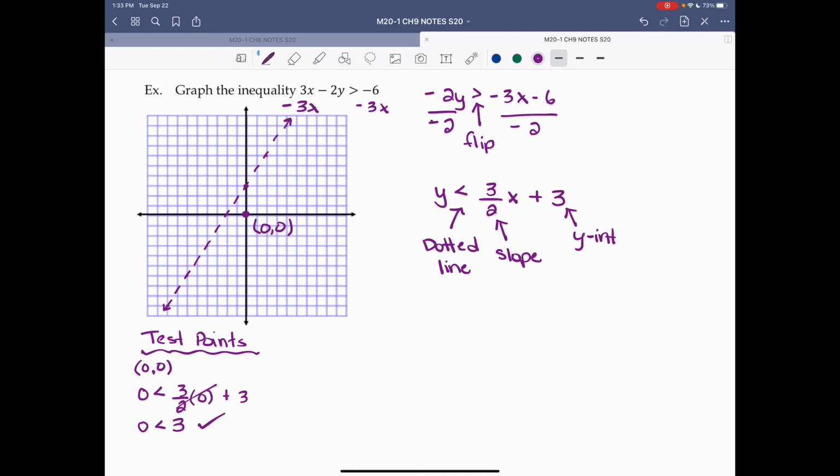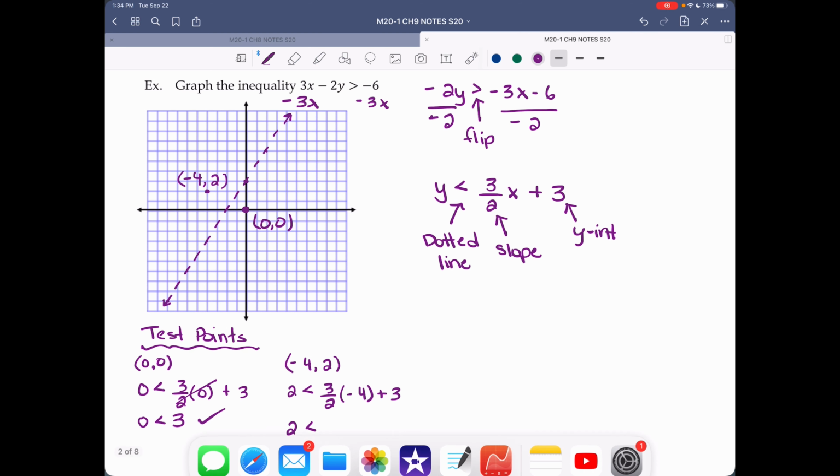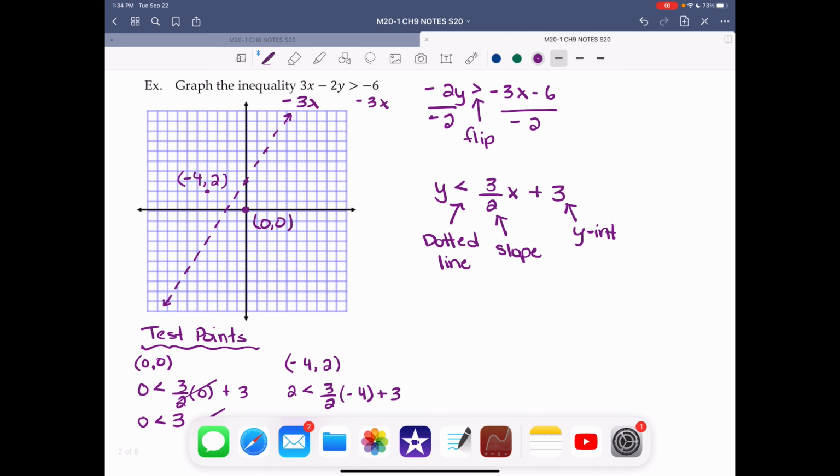But let's test the point that's on the other side just to make sure. So I'm going to test -4, 2. Sub it in, y, which is 2, is less than 3 over 2 times x, which is -4, plus 3. 2 is less than, we can use our handy dandy calculator.